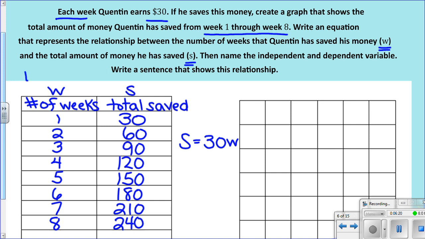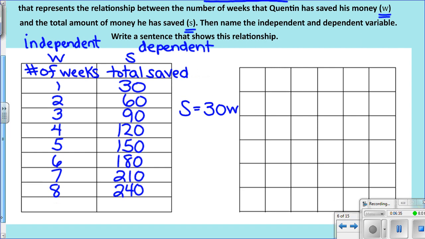Our independent variable are the weeks, and our dependent variable is the money saved. The money saved depends on how many weeks.